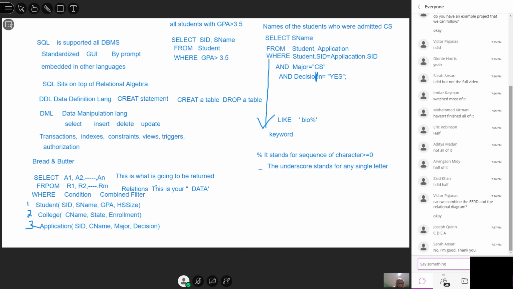We can say the student ID begins with S, and then we allow underscore, 1, 2, 3, then 4, 5.